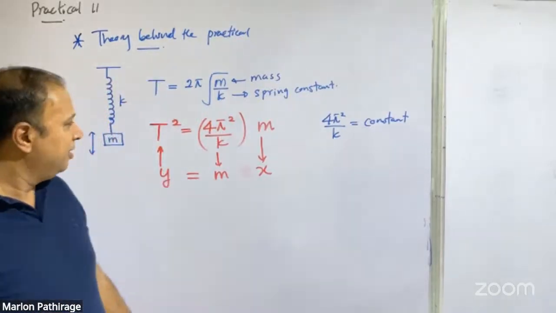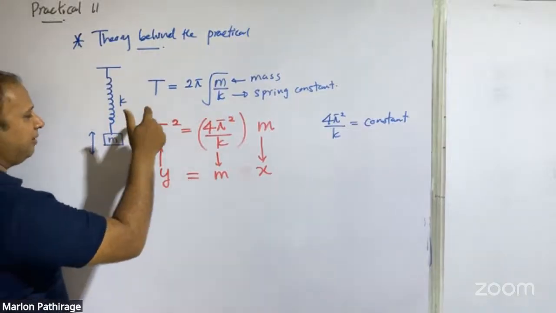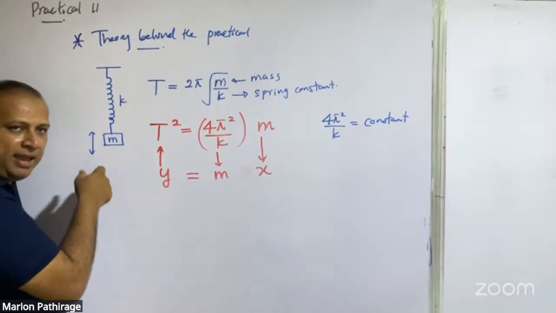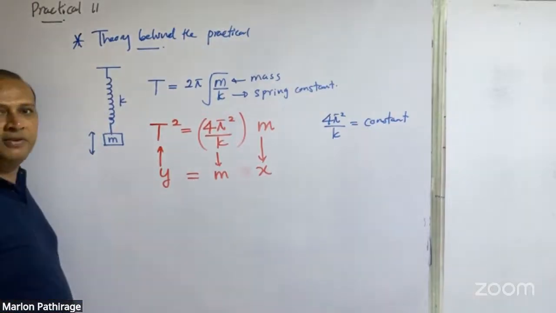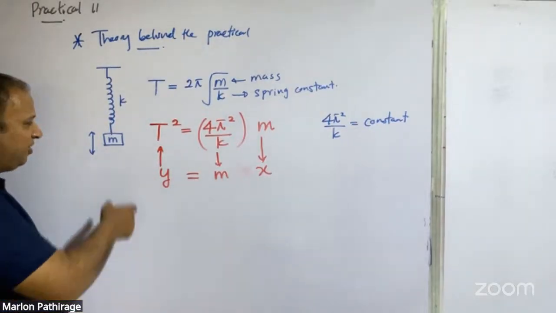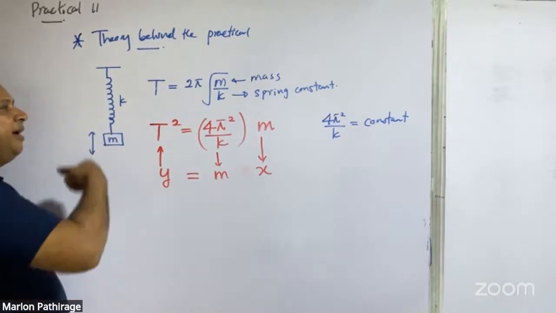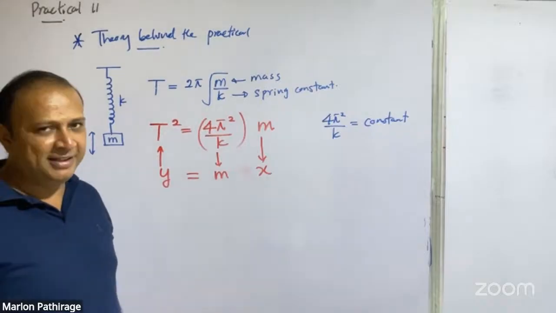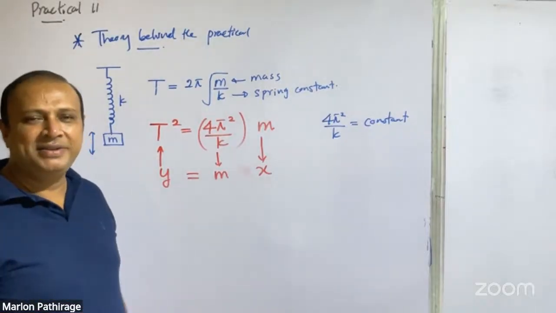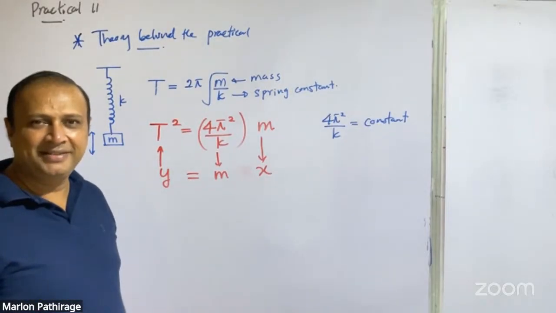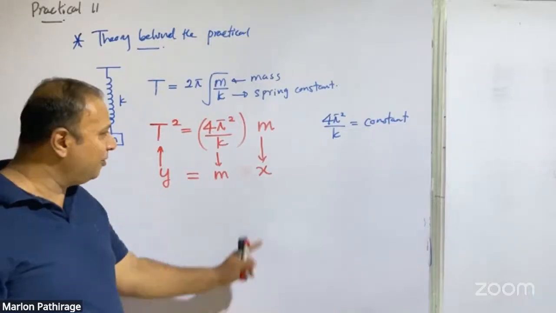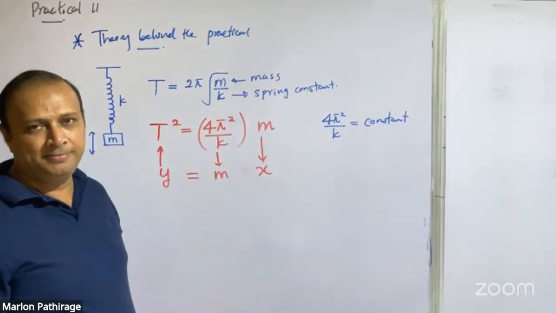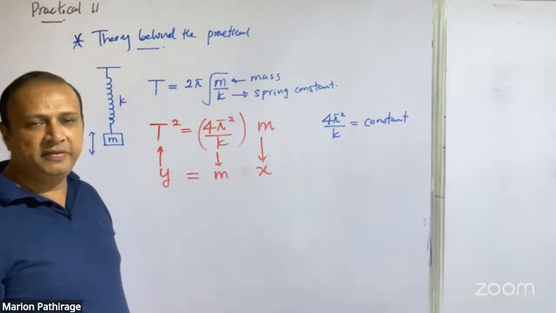But here we are going to change the mass and measure the period of oscillation. Otherwise, we cannot measure the period of oscillation. Therefore, this should be the independent variable.